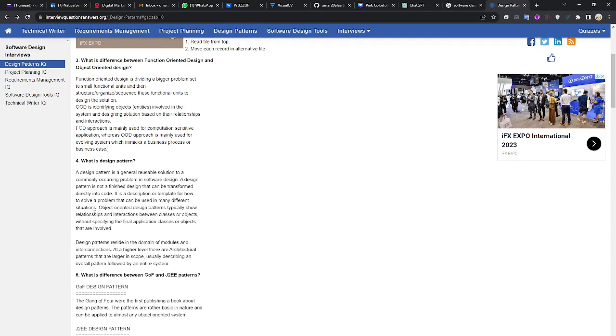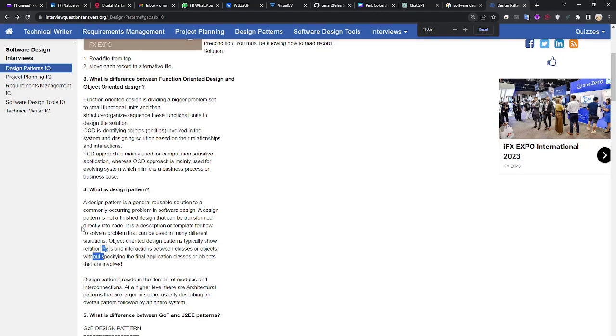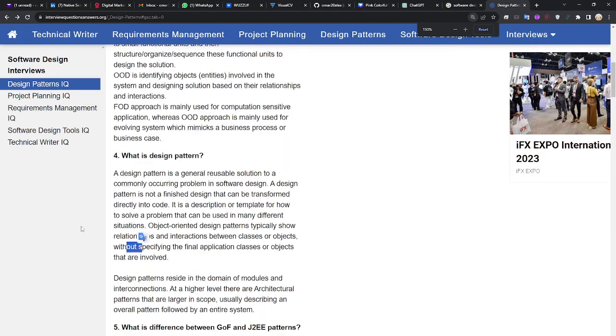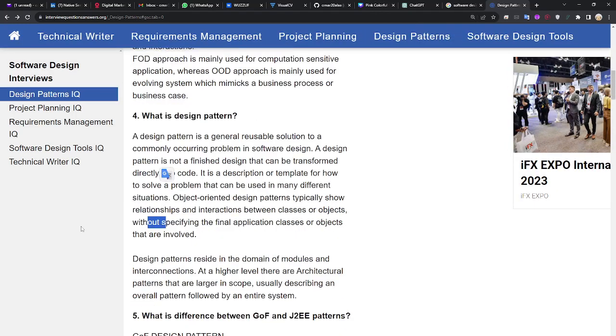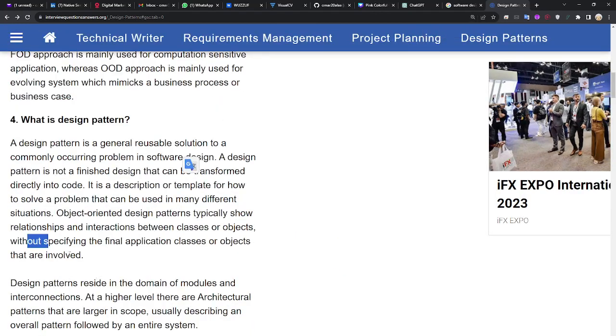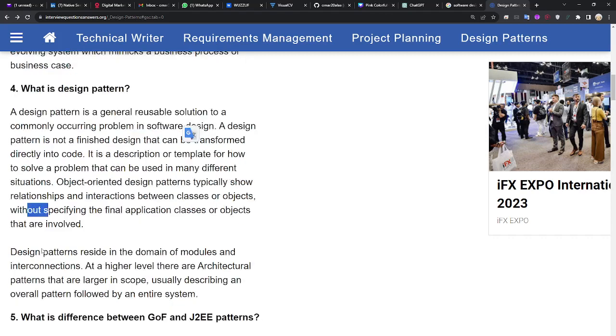Object oriented design patterns typically show relationships and interactions between classes or objects, without specifying the final application classes or objects that are involved.